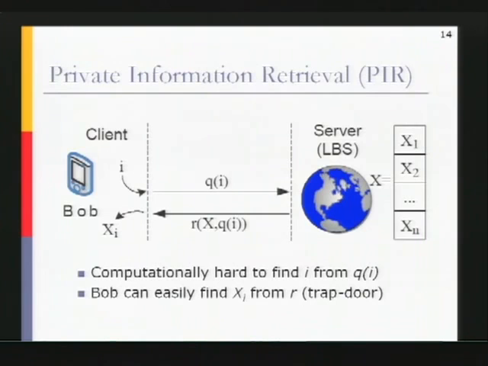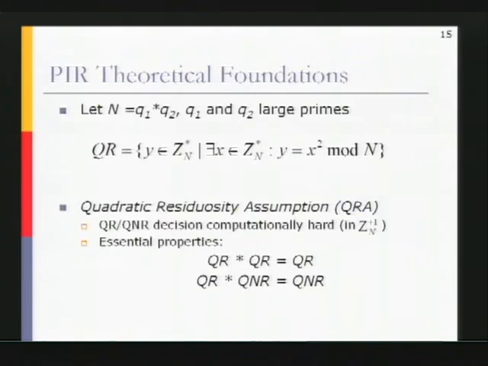It is computationally hard for the server to determine the value of i based on Q(i). The server will process the query and return a result R, a function of the entire dataset X and Q(i). Based on this result, Bob can easily find the value of xi, and this is done using the trapdoor function. I will show shortly how.